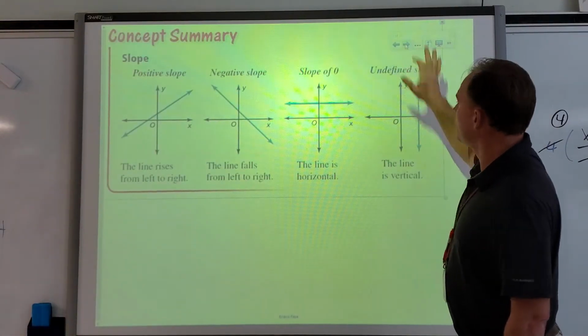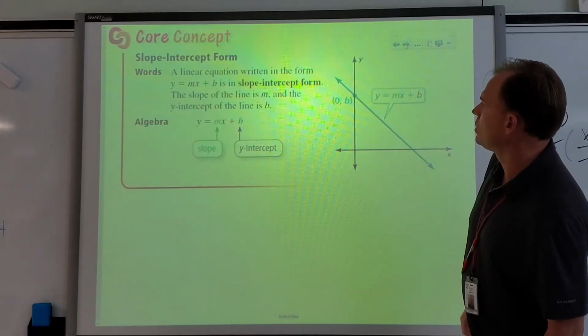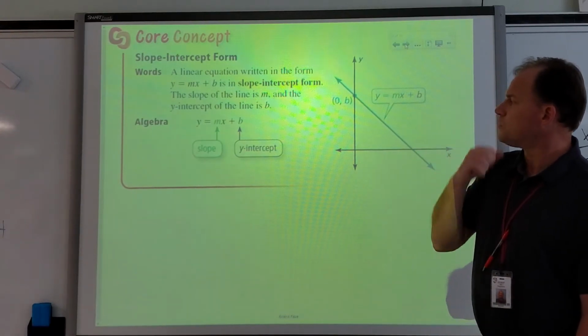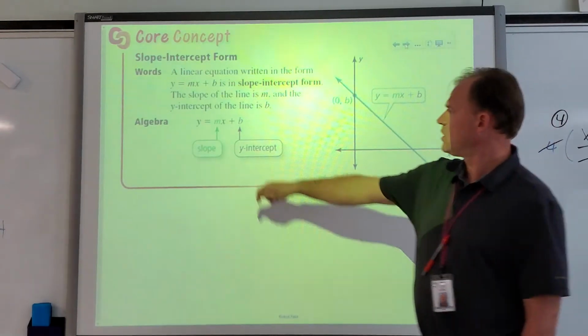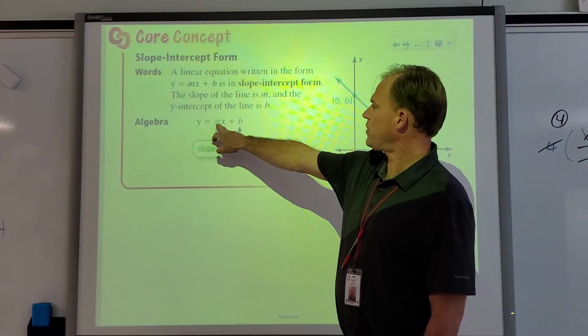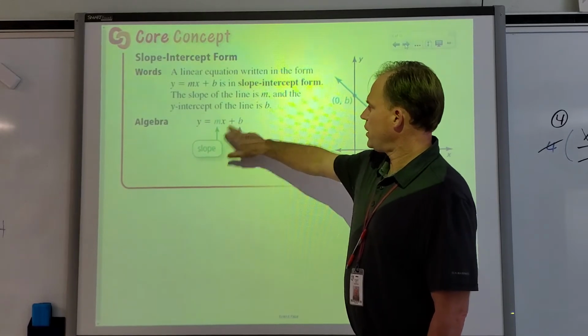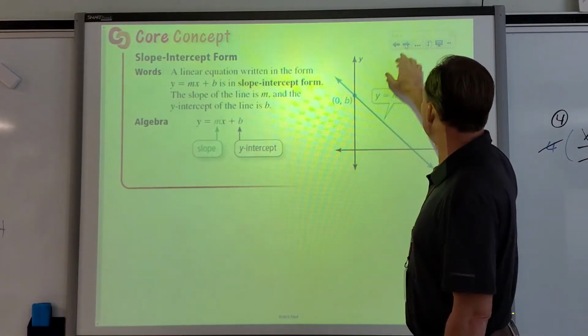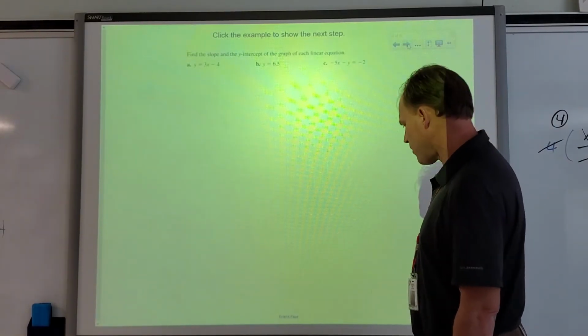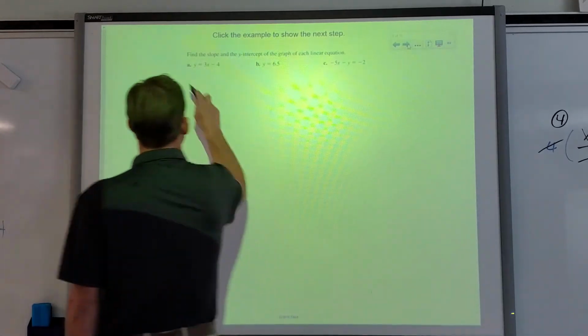We already have that in our notes. All right, so we already touched on this. The number in front of x is the slope, and then the number out here is the y-intercept. So I can use that information to graph.